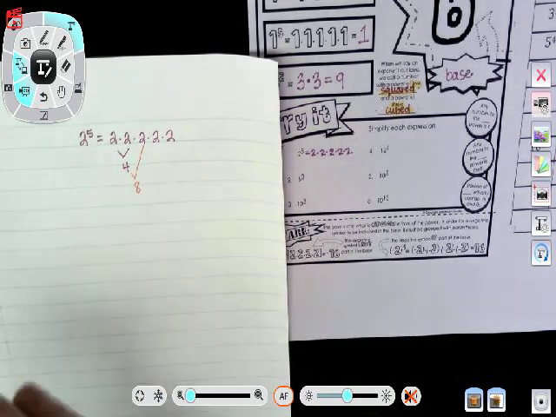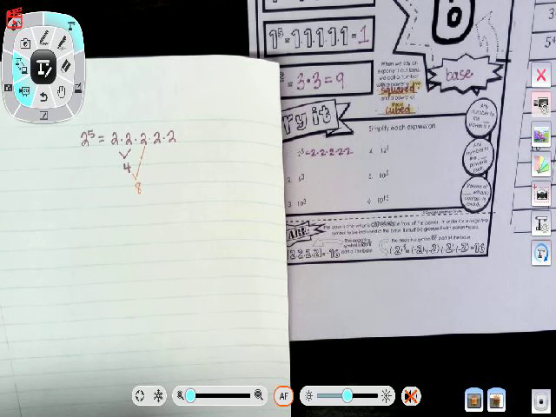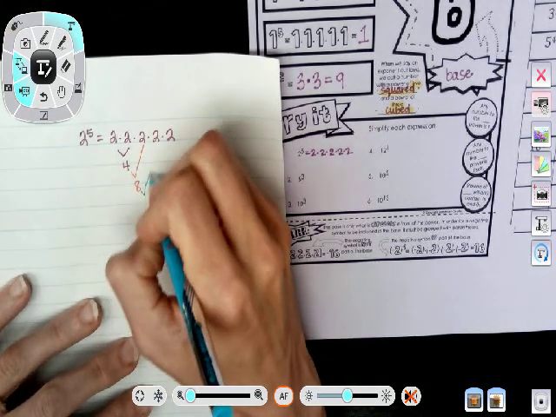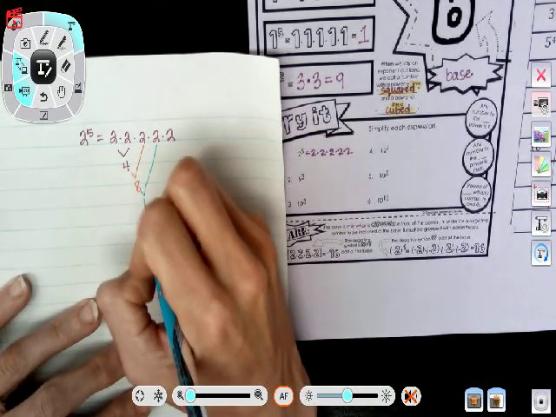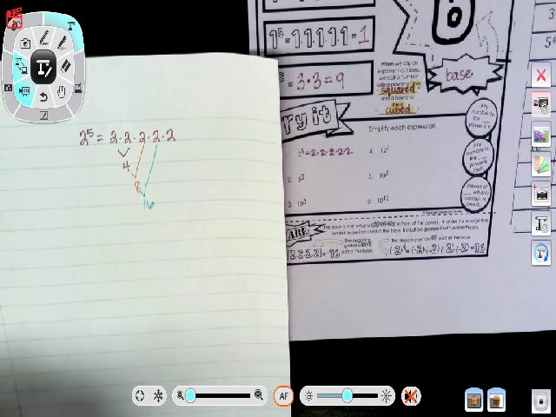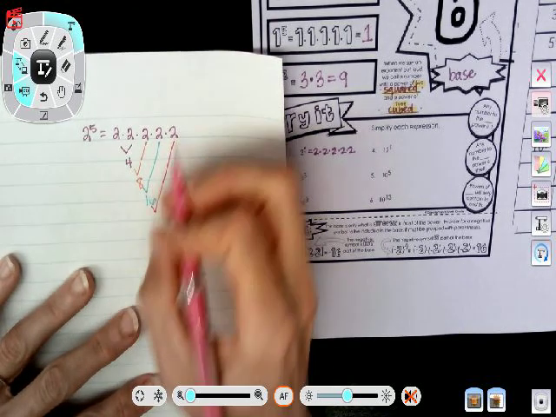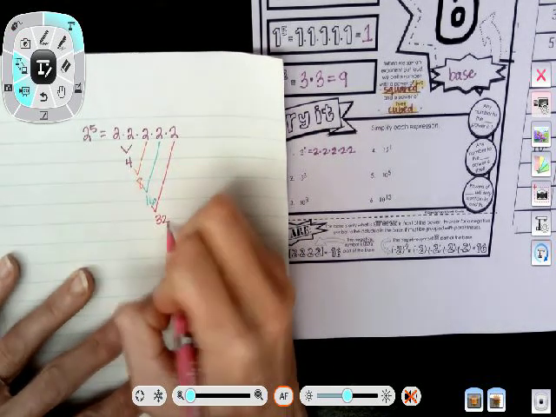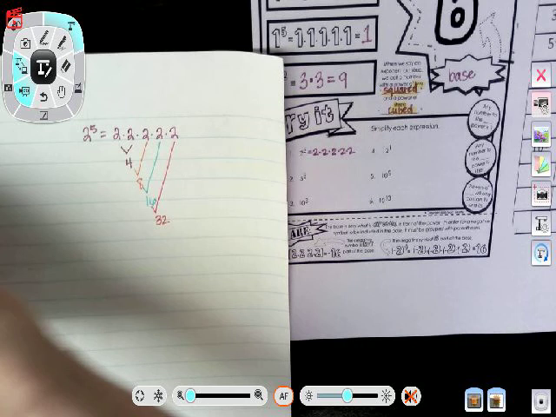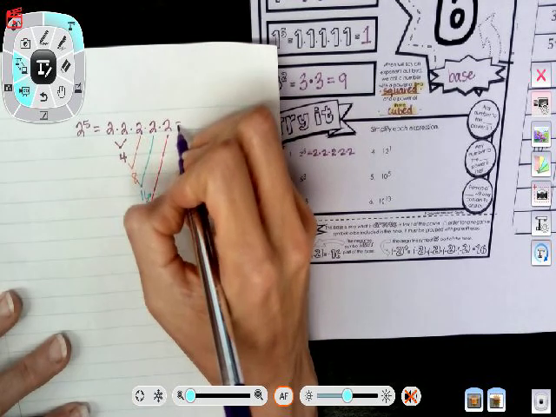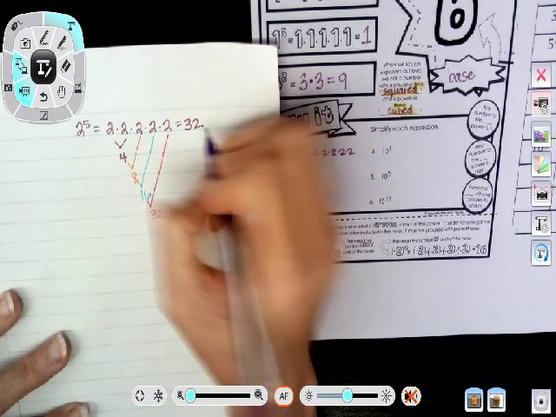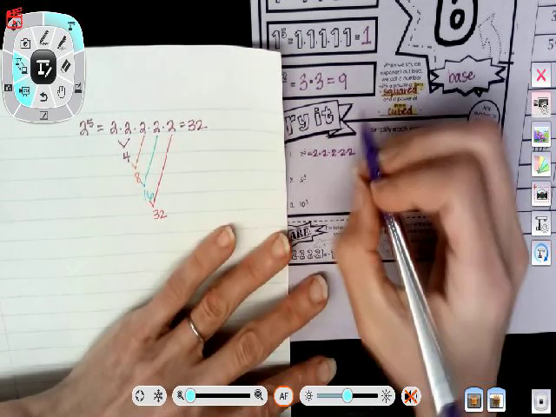Then you got to take that 8 and times it by the next 2. 8 times 2 is 16. And then you got to take that 16 and times it by the next 2. And 16 times 2 is 32. So that means 2 to the 5th power is 32, not 10.